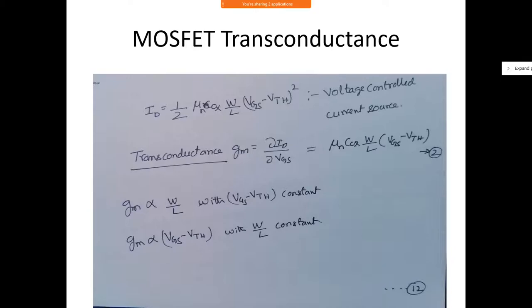We will come to know why. Maybe you can write one thing somewhere in a box: MOSFETs are used in the saturation region for analog applications, whereas MOSFETs are operated in cutoff and linear regions for digital applications. You can make a note of it. MOSFET is operated in the saturation region for analog applications because you can have the MOSFET being used for analog applications as well as digital applications. For analog, the MOSFET is required to operate in which region?